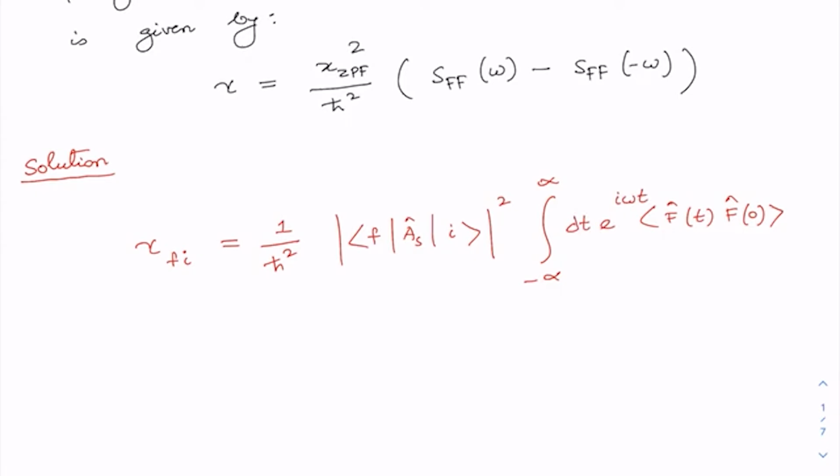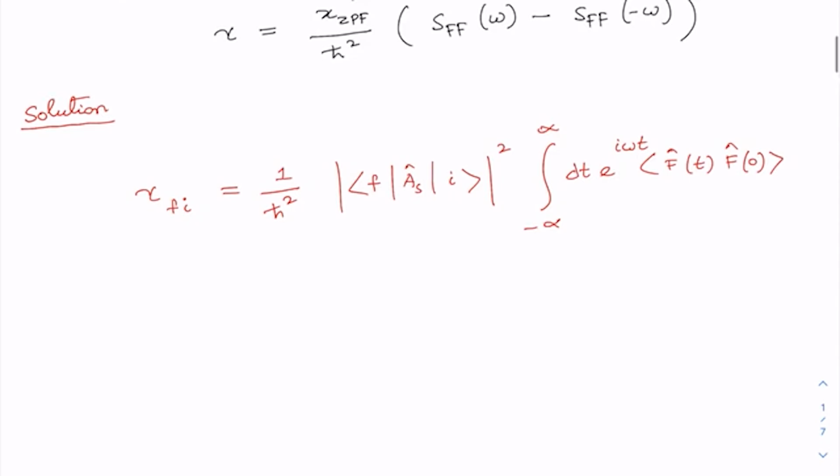So this we know. In fact, this is nothing but the spectral noise density, or simply S_FF at omega, where omega is equal to (E_I minus E_F) divided by h-bar.